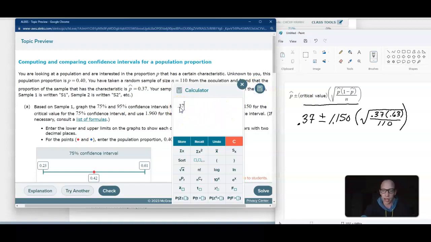We're going to go 0.37. Let's start off with the minus sign. We'll get 1.150 times, and then we need to grab our square root. We can do this a couple different ways. Maybe highlight them both here.